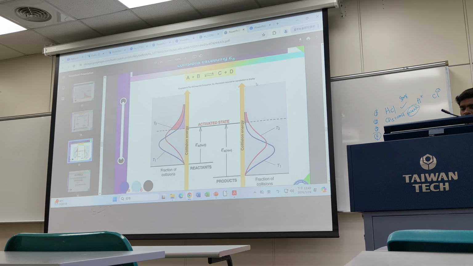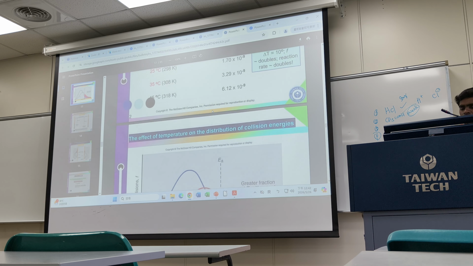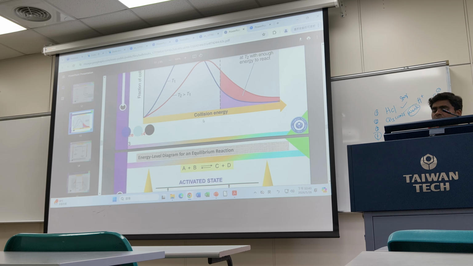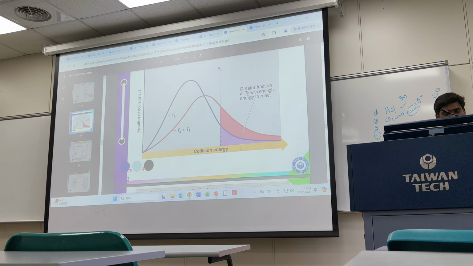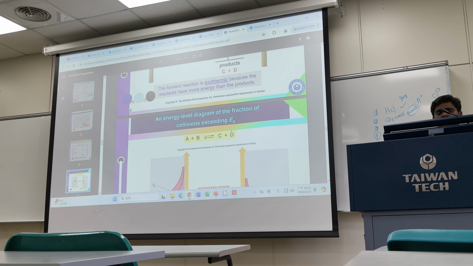One more thing you need to remember, everybody: how much is the collision energy influenced by temperature? Collision energy influenced by temperature, or the temperature effect on collision theory. I already told you, if you increase the temperature, your molecules will vibrate more. If your molecules vibrate more, the reactants can react with others more easily. That's why collision energy increases when temperature is increased. So you need to remember 1, 2, the collision theory.